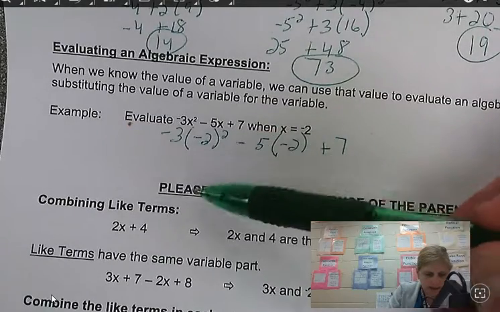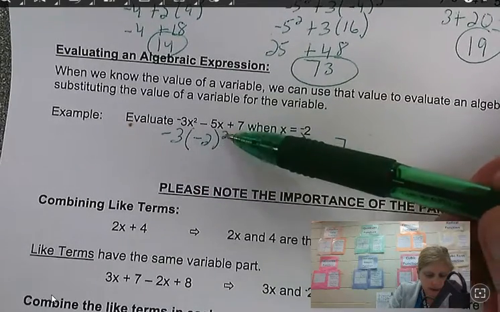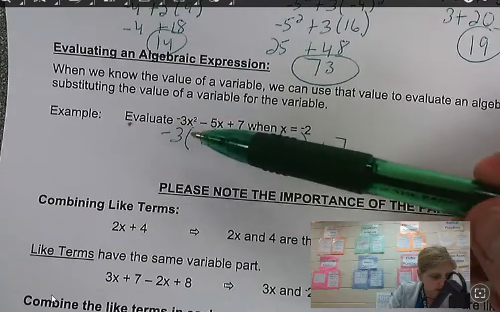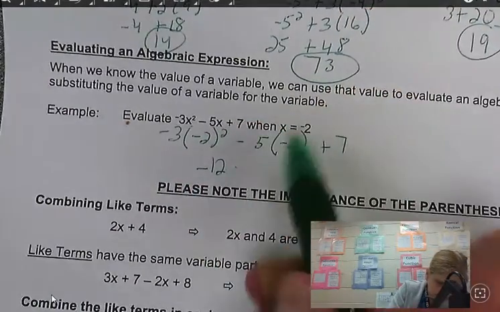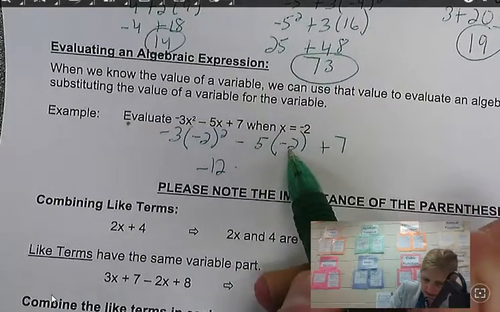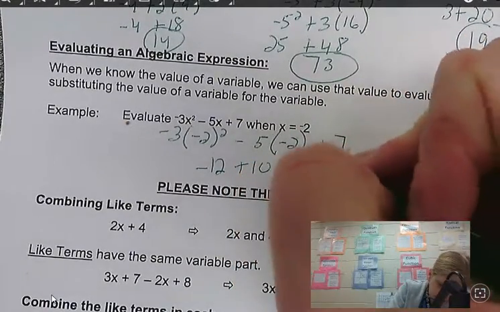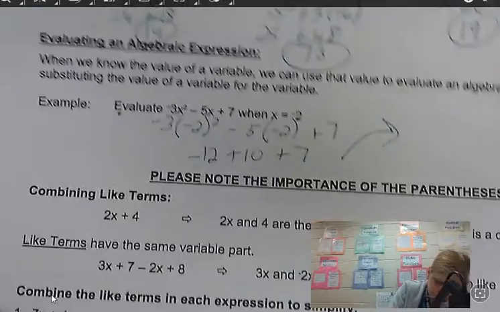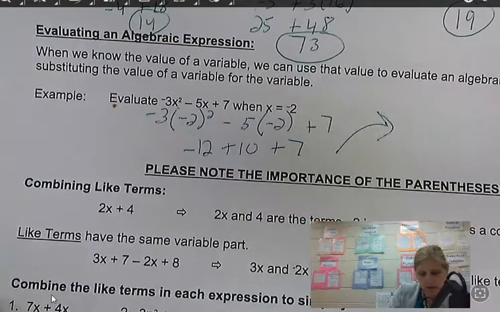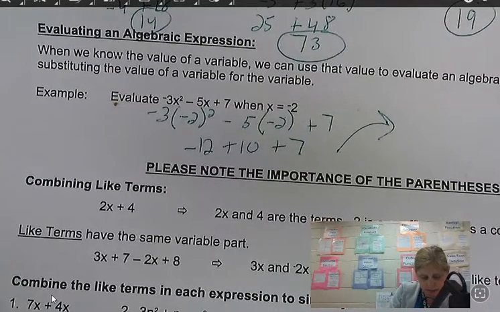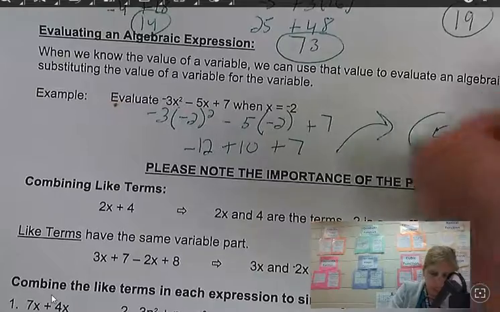I go ahead, -2 squared is 4, -3 times 4 is -12. -5 times -2 is a positive 10. -12 plus 10, or -12 plus 17, either way, whichever way you want to do it, we end up getting 5.